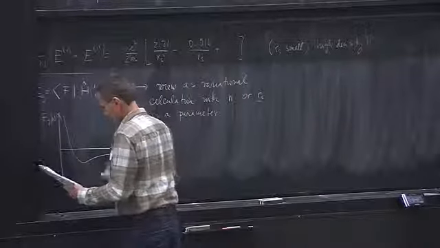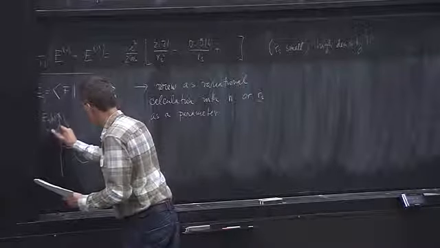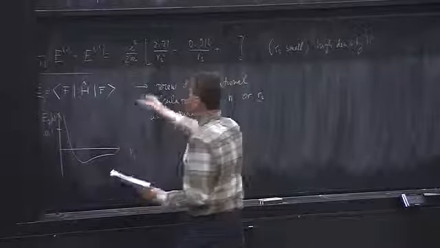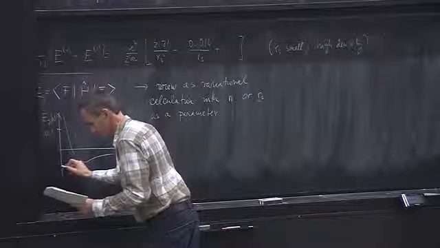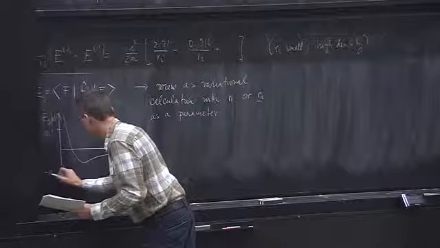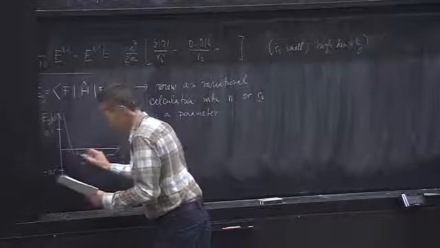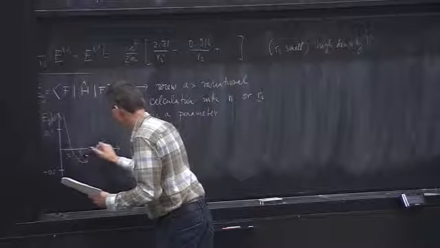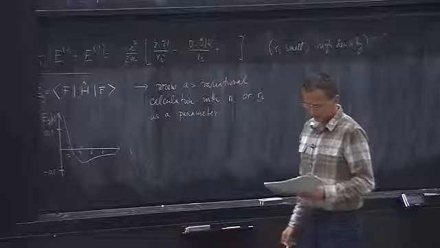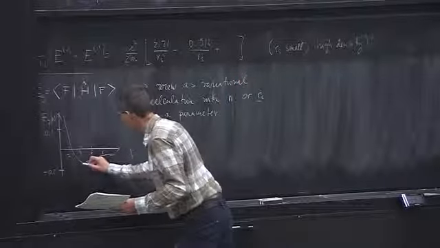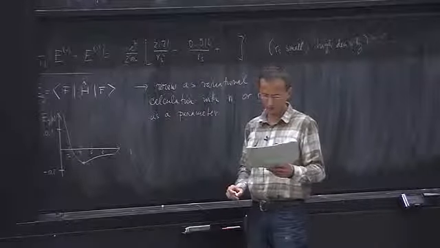The scale roughly here is 0.1 in units of this energy scale, 13.6 electron volts. This would be roughly minus 0.1. This would be 2, 4, 6, 8, and so on. And we see that there is a minimum here, which one can simply calculate. It's related to these two coefficients.